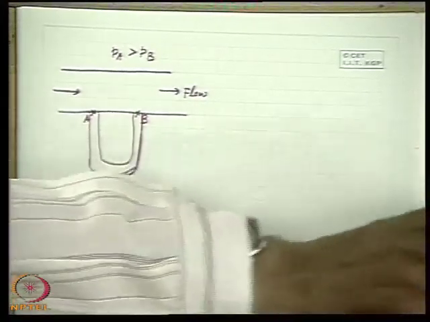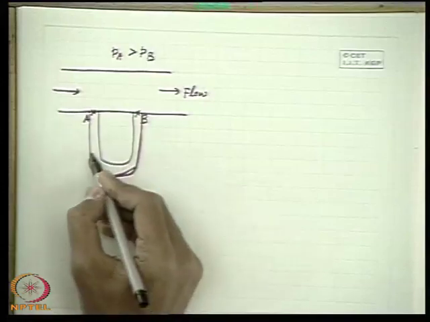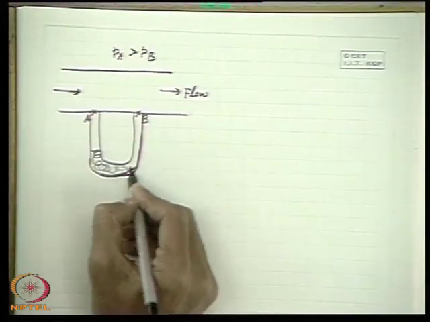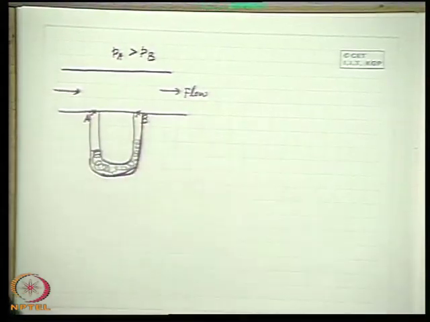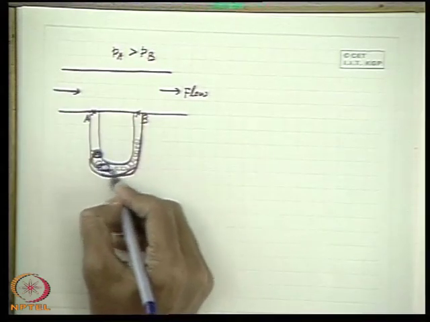We use a manometric fluid which has a density higher than that of the working fluid, that is the fluid flowing through this pipe.